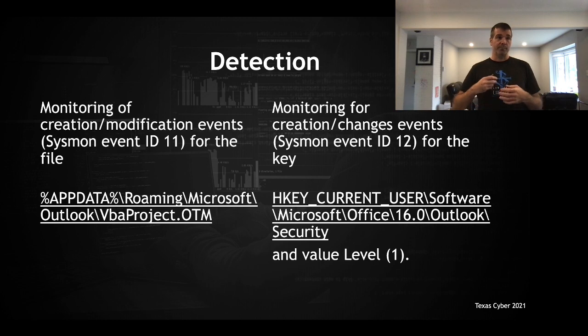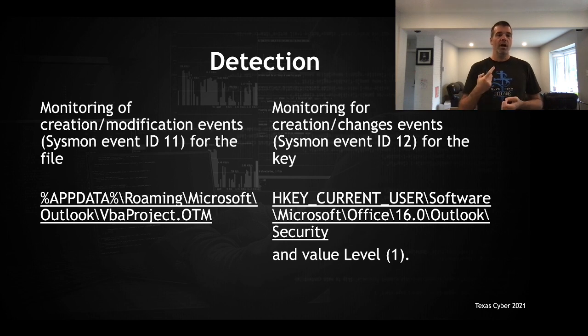I'm sorry, I'll start this slide again. Because MDSec are such great folks, in their article they also include what you need to look for in detection. Here, there are 2 things that you need to look for.